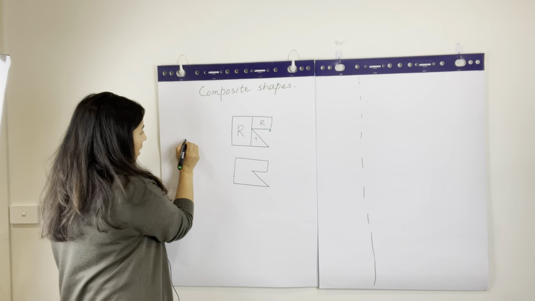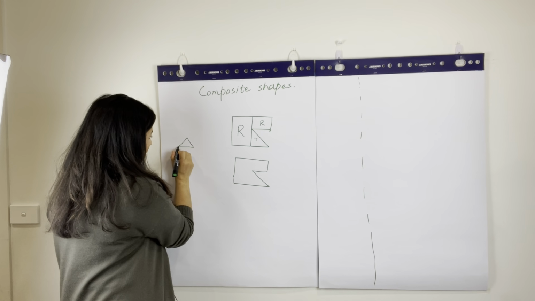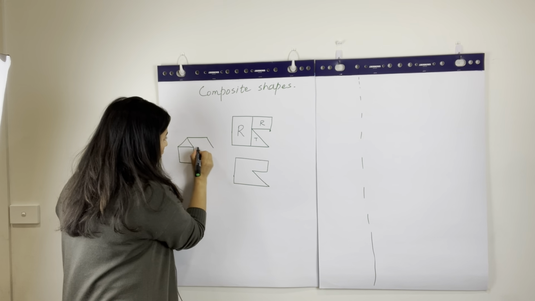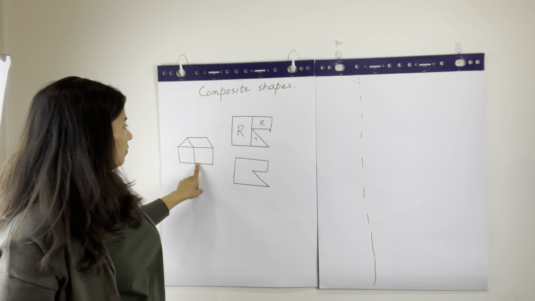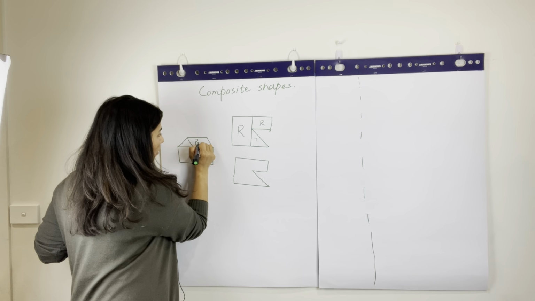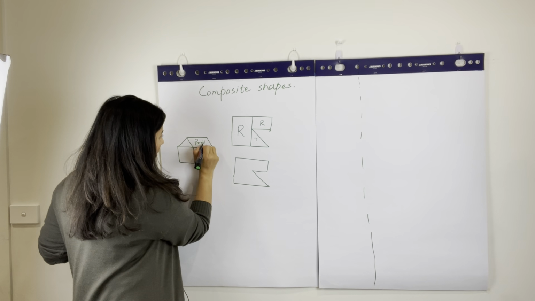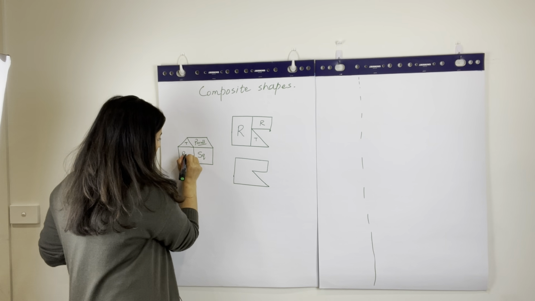You may also have a shape like this: a triangle, a rectangle, a parallelogram, and a square. So that's a square, that's a parallelogram, I'm just not going to fit the full thing over here, triangle, and that's a rectangle.